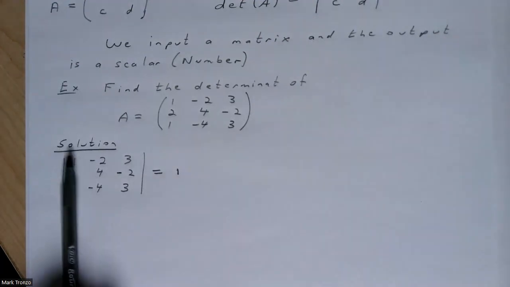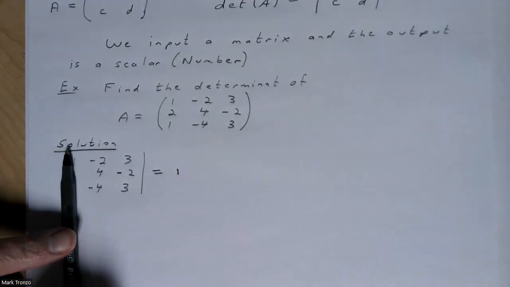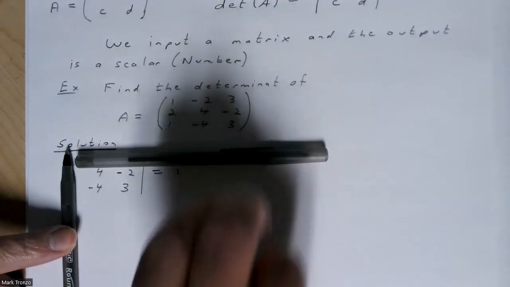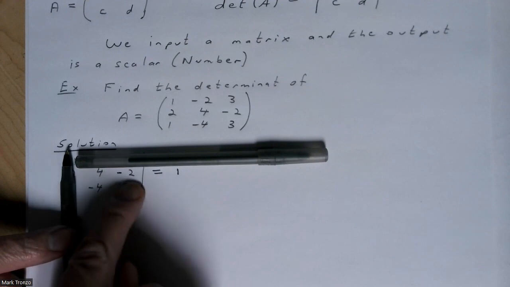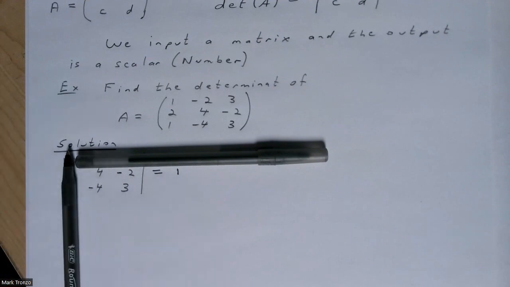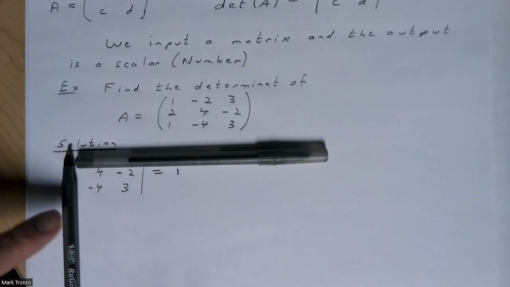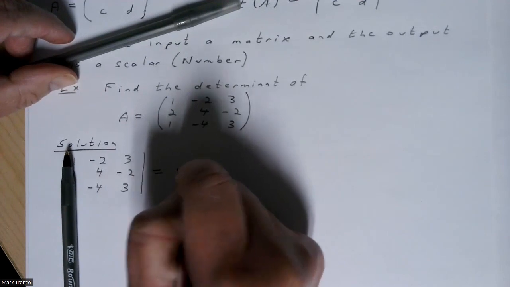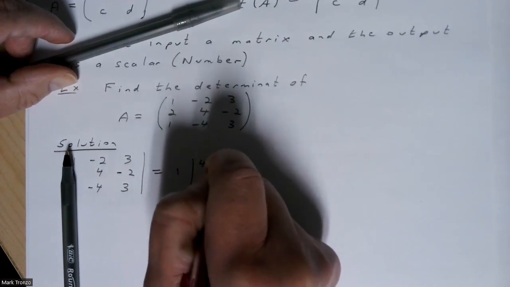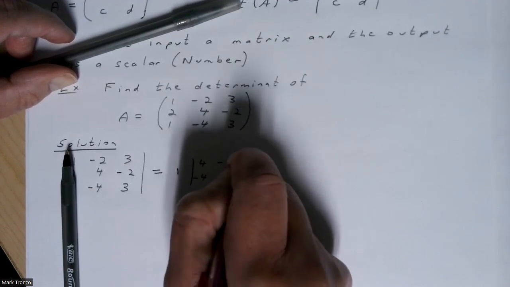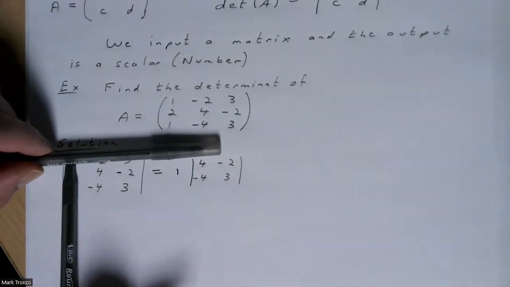And then we'll cover up the column and the row that contain 1, and we'll write down what's left as a determinant. So we'll go 4, -2, -4, 3.